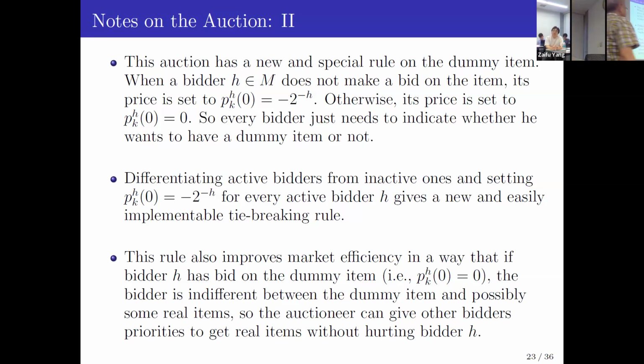Actually this rule also improves market efficiency, in the sense that if bidder H has bid on the dummy atom, and this bidder is indifferent between the dummy atom and possibly some other real atoms, then the auctioneer can give other bidders priority to get real atoms so that this will not hurt bidder H. So this rule is quite interesting.